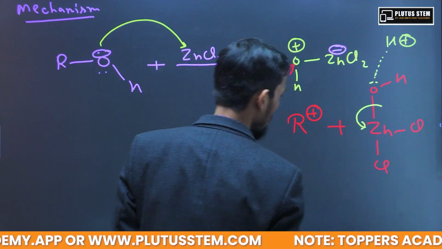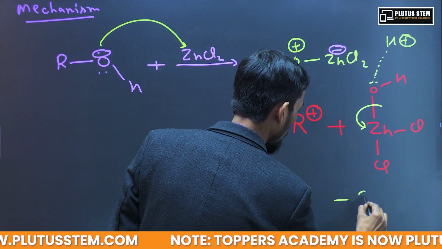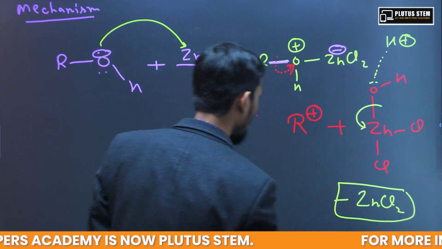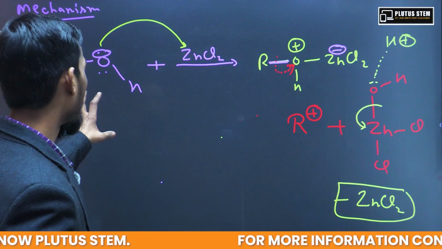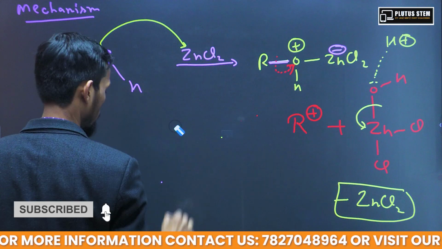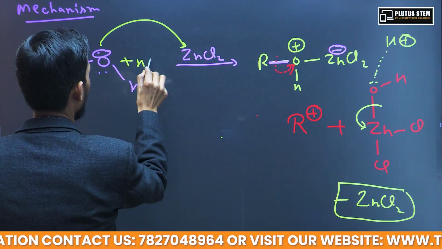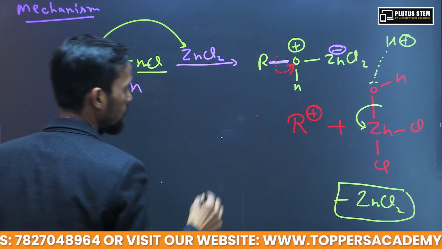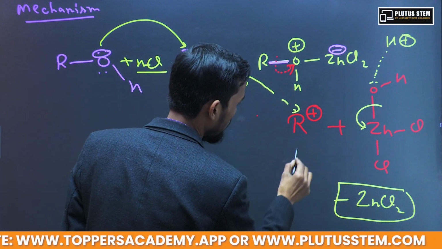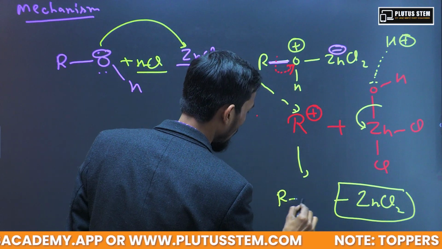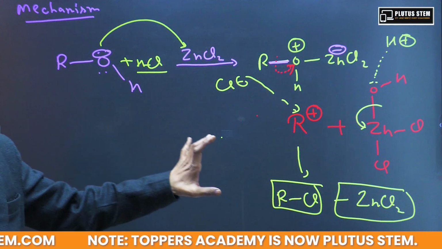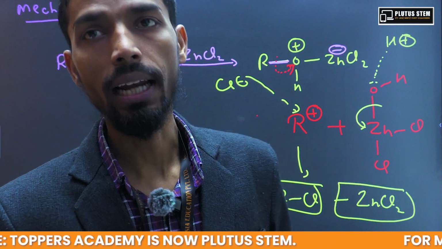In this process we get ZnCl2 back, as we had in the previous step, and this carbocation will be attacked by the Cl negative part of the HCl. This Cl negative will attack this carbon, and we will get RCl, alcohol to alkyl halide.